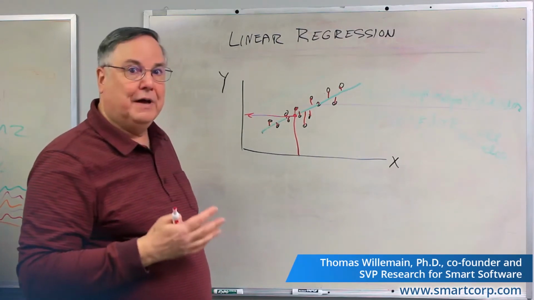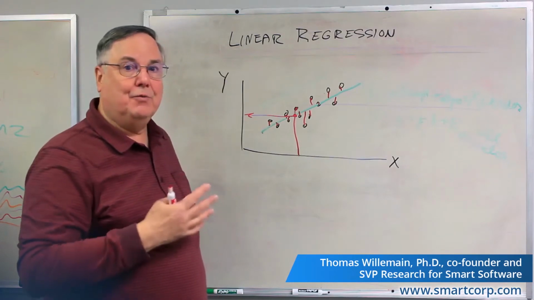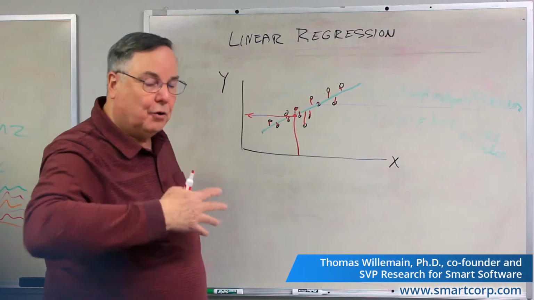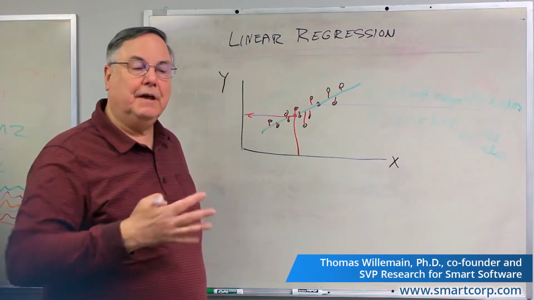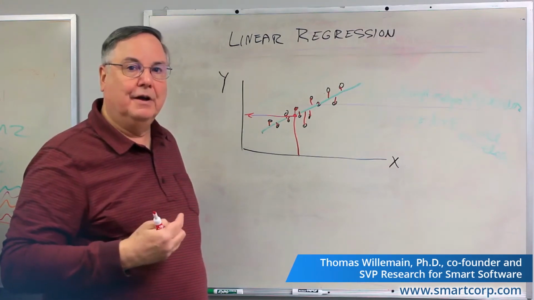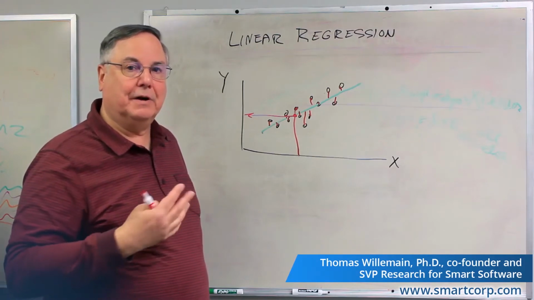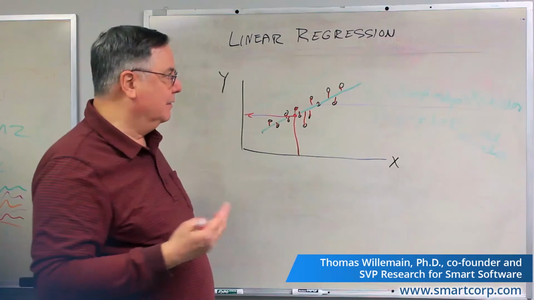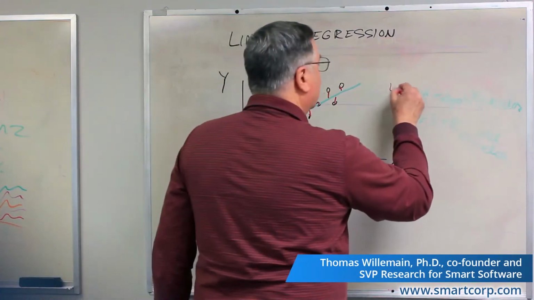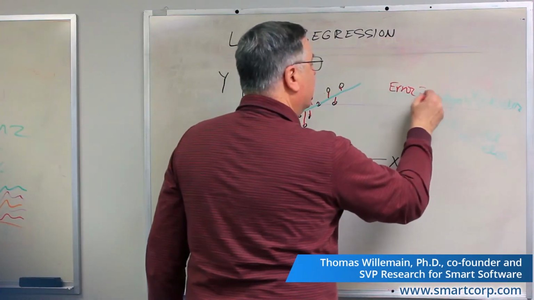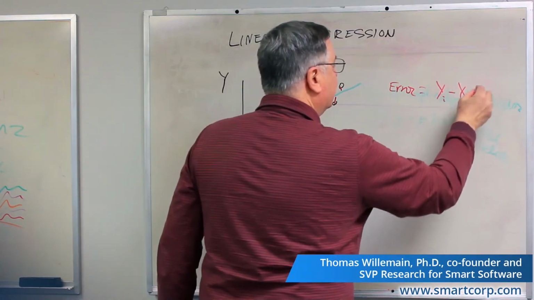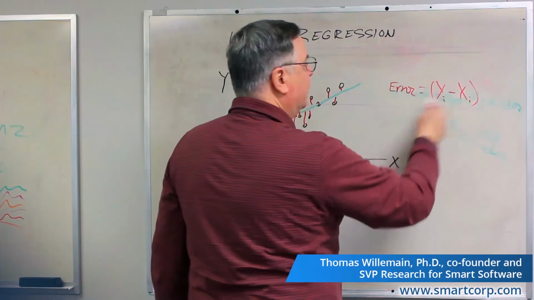And a way to do that is to say, let's look at every one of the errors and total them up. That will give us a summary of all the errors we make, and we might want to keep that small. And that's almost a good idea. We could say the error is each y minus each x, and we could add those all up.